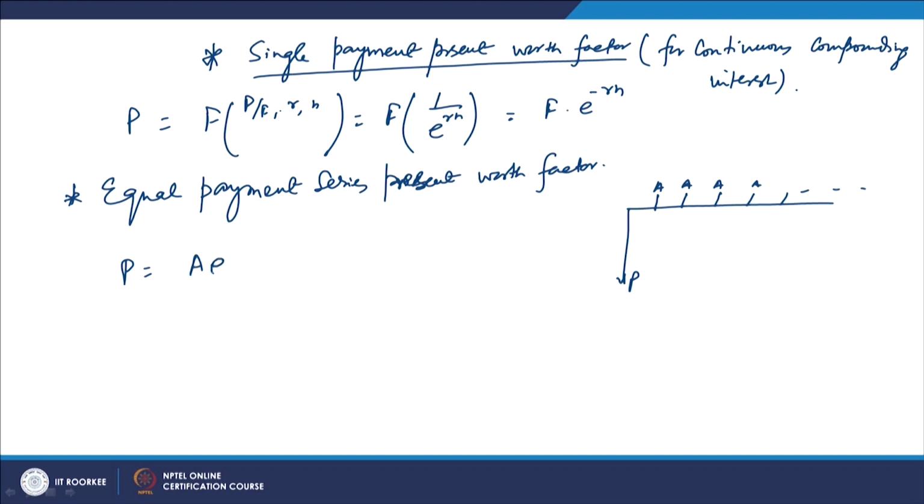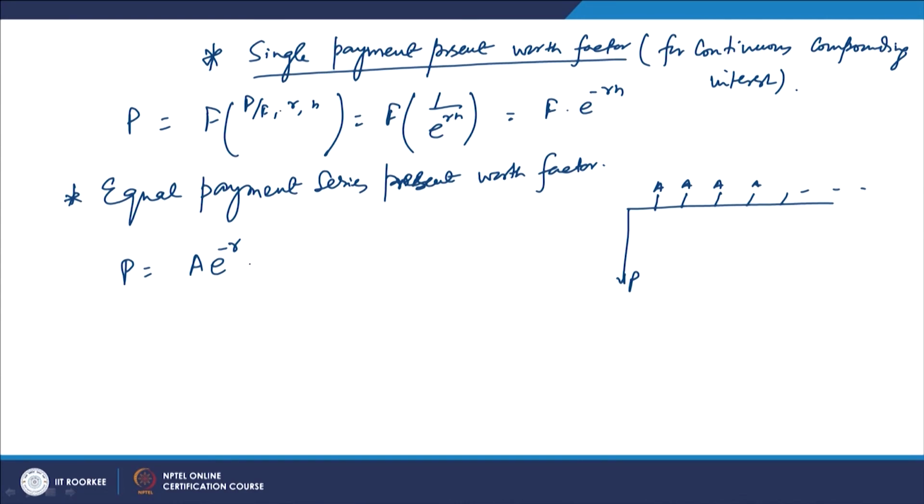So, it will be e raised to the power minus r. In the normal case its present worth would have been 1 by 1 plus i, and then 1 by 1 plus i squared. In this case, 1 plus i is nothing but e raised to the power r.